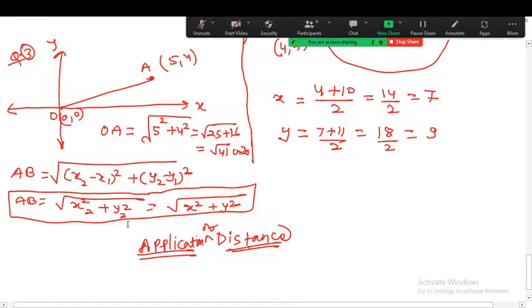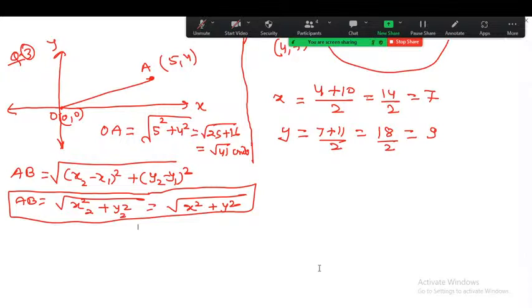We can apply distance formula to figure out whether points given are collinear or not. We can also use it to figure out whether my triangle is equilateral, isosceles, scalene or right angle triangle. We can also use it to figure out whether my quadrilateral is a parallelogram, rectangle, square or rhombus.